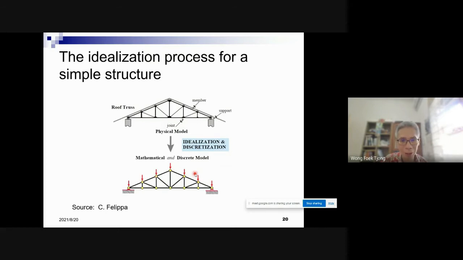Of course, with present computers, why not just model it as rigid? It's better. But in the past, when we used manual computation, we used a simplified model.